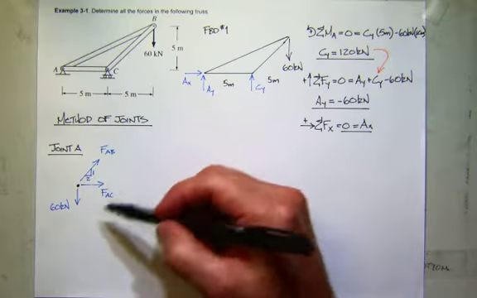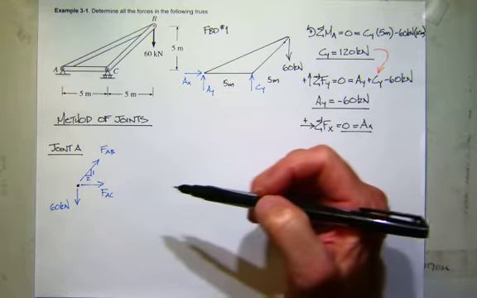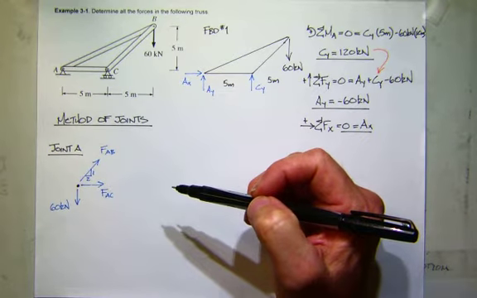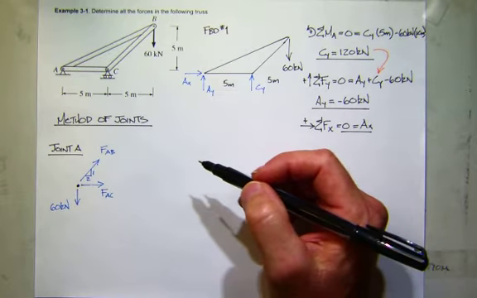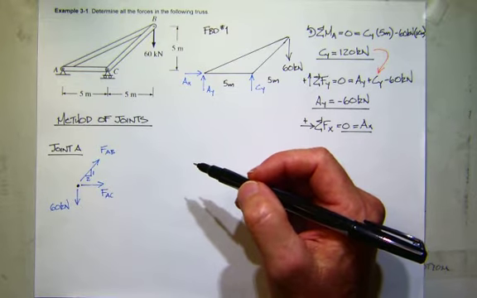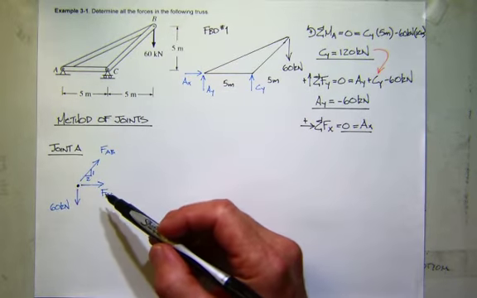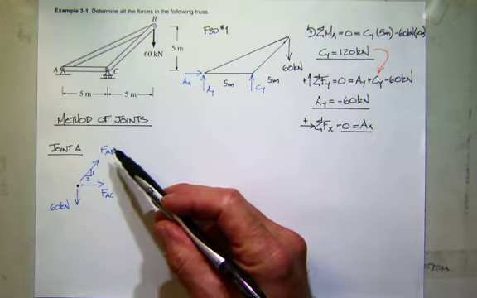Now looking at this structure that I have here, should I sum forces in the x direction first? I should ask Mr. Curry, he's next in line. Mr. Curry, should I sum forces in the x direction first? I said sum Y first, since you already got that 60 there. That's true, but if I sum them in the x first, what would happen? I get one equation in 2 unknowns.